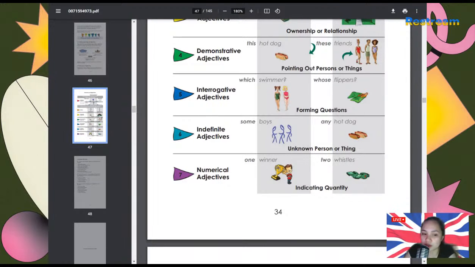For example, we use some and then boys, so it reads as some boys. We also have any, another indefinite adjective, as in any hot dog. Here you have options, different kinds and brands of hot dog.